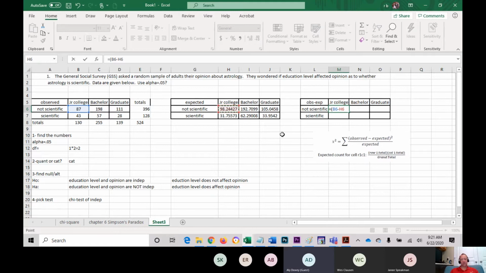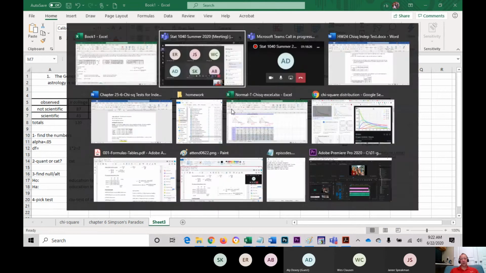Do you square that now? Yes, close your parenthesis and then square it. Then you divide by the same number again, 98. So you can use that 98 twice. Okay.